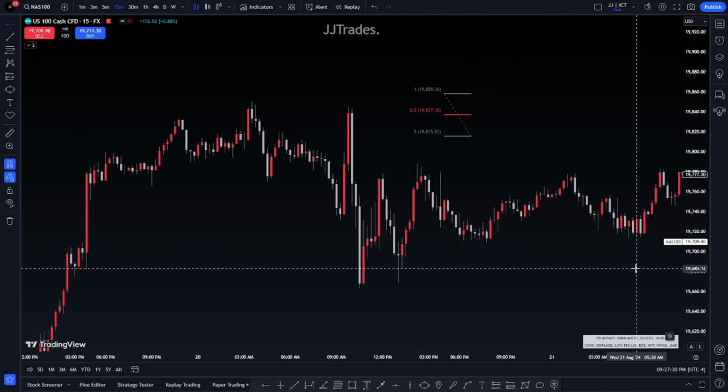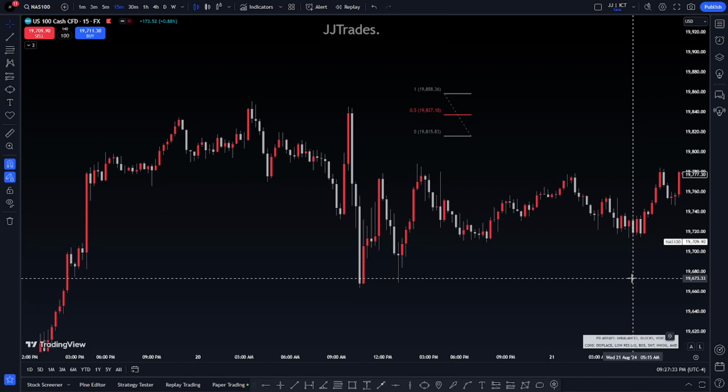So the difference between mean threshold and consequent encroachment is the midpoint for imbalances, okay? It's the consequent encroachment for imbalances, like fair value gaps, inversion fair value gaps, Reaper fair value gaps, volume imbalances, implied fair value gaps, any sort of imbalance.